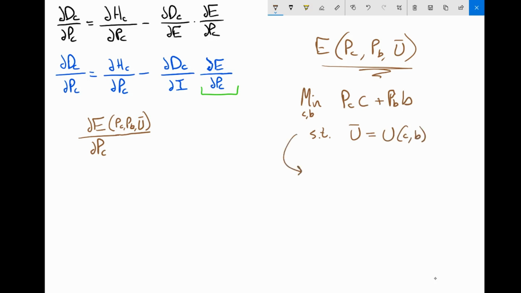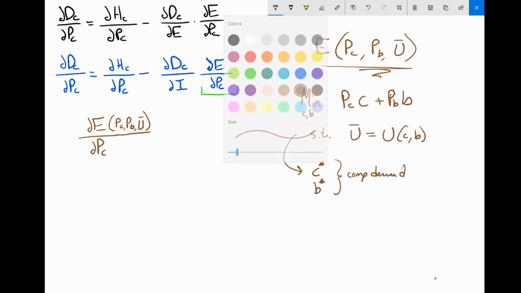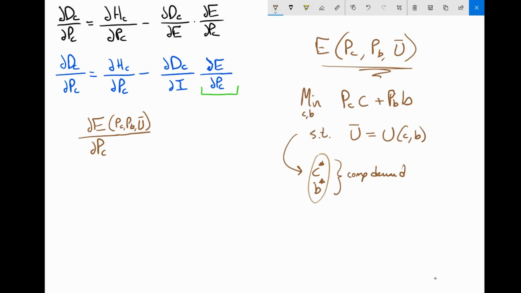We solve this problem. We get C star and B star, which we now know are equal to our compensated demand functions. We take these values, we plug them back into the expenditure function. So PC C star plus PB B star.